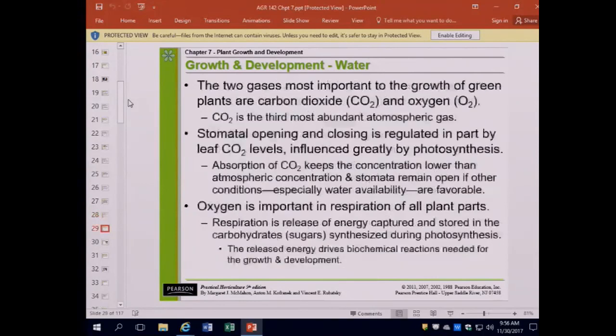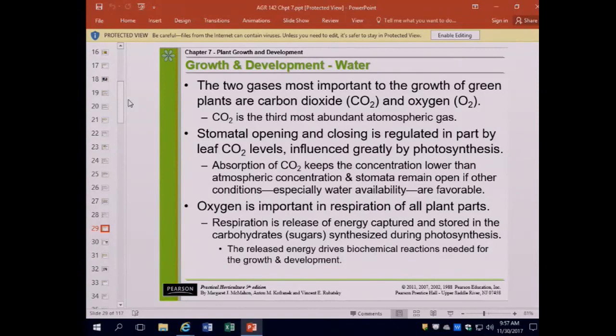All right, as we talk about growth and development with water, two gases that are essential for growth and development are carbon dioxide and oxygen. The opening and closing of stomate regulate the CO2 levels in plants, and it's increased greatly by photosynthetic activity.